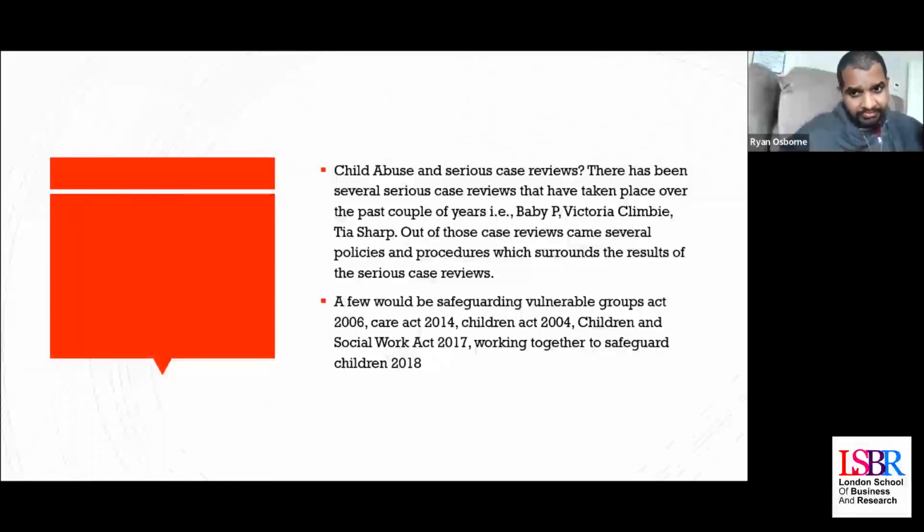Over the years, there have been a lot of high profile child abuse cases. Off the top of our head, we can think of Baby P, Victoria Climbié, and also Tia Sharp.